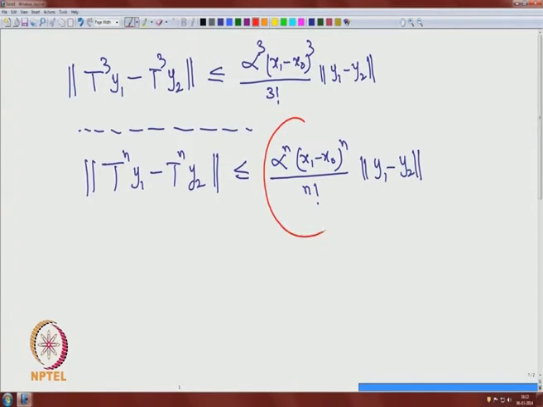So, what does it say? If my n is sufficiently large, and x1 minus x0 is a finite quantity and alpha is a Lipschitz constant, and in the denominator I have n factorial, this can be made less than 1, strictly less than 1 if n is sufficiently large.